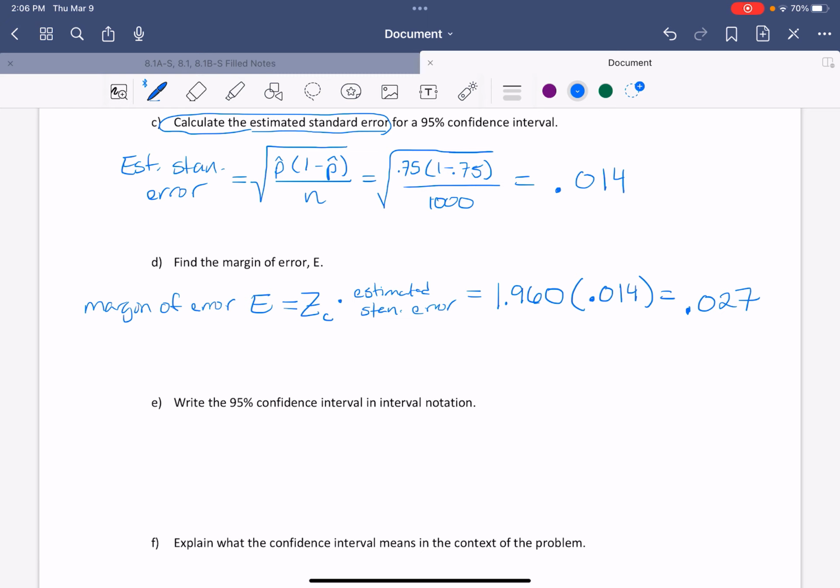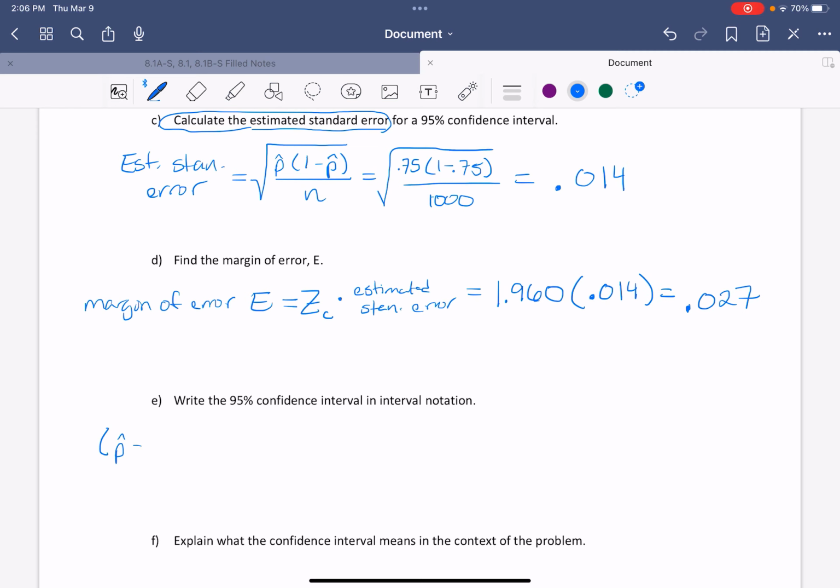So, part E. Write the 95% confidence interval in interval notation. Again, look to your formula sheet if you need a reminder of what that means. In interval notation form, we're going to take p hat minus e, comma, p hat plus e. So substitute those in.